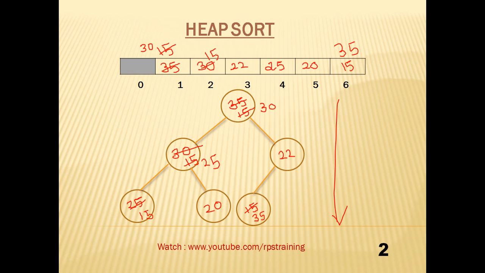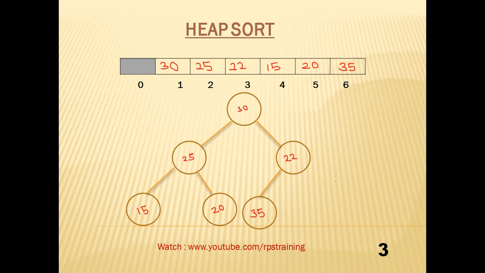These two items, 15 and 25. Okay, now again it has become a binary heap. And the status of this tree is here: 30, 25, 22, 15, 20 and 35. 35 is the eliminated item.